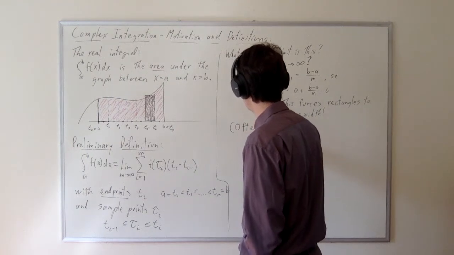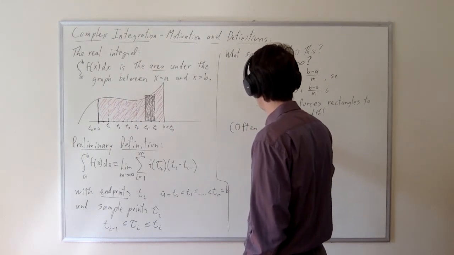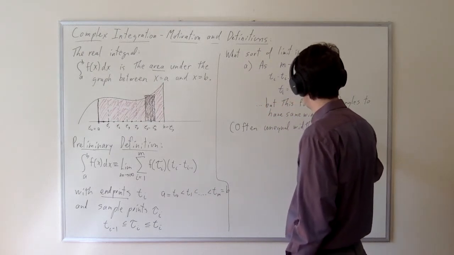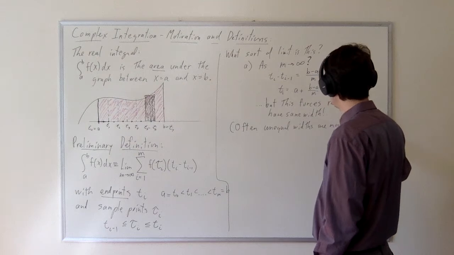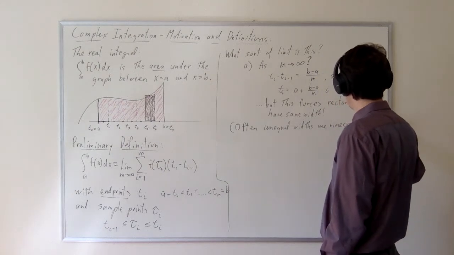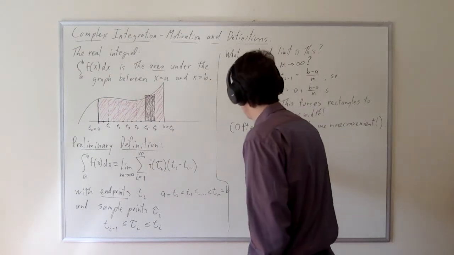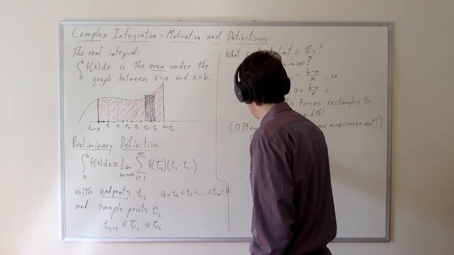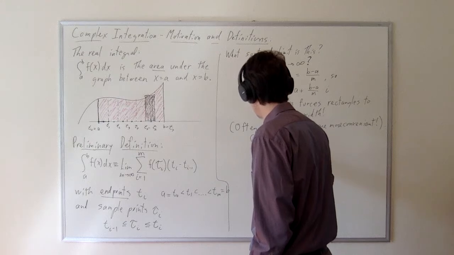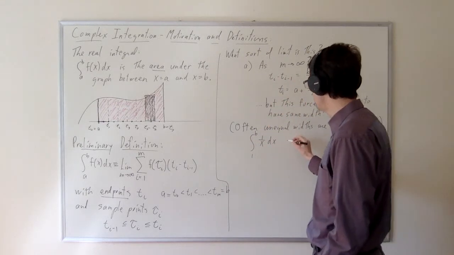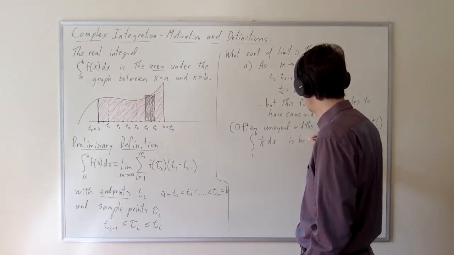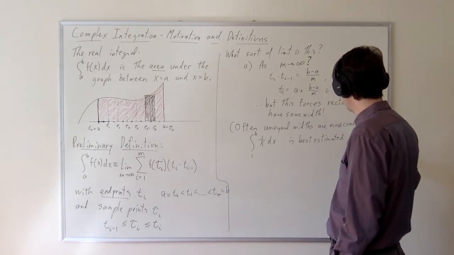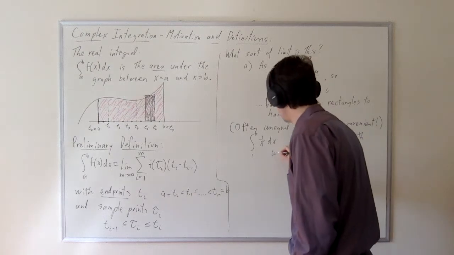Maybe not often, but at least sometimes, unequal widths are more convenient. In other words, we can calculate more easily. The example that I'm thinking of is the integral from 1 to b of 1 over x dx, which should be log b. This is best estimated with unequal widths.